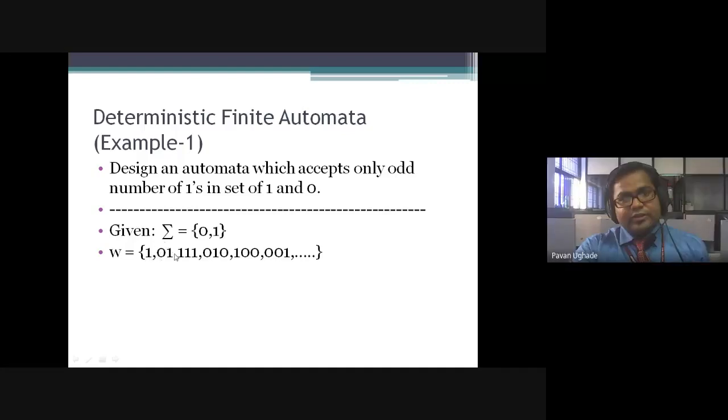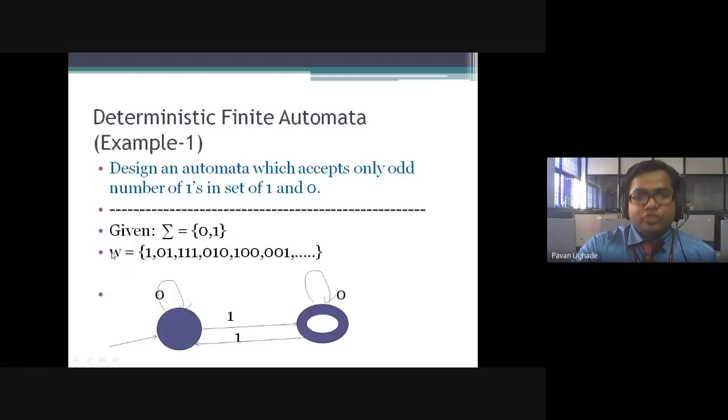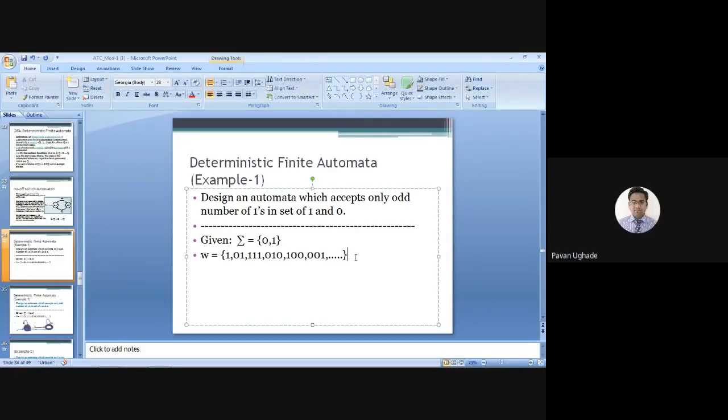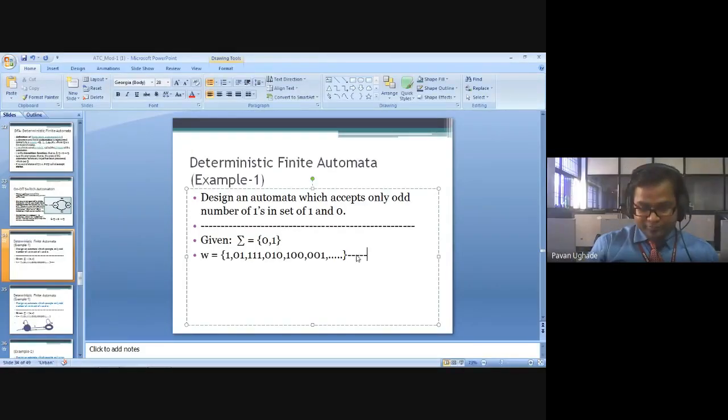Can I say 0 1? It is also possible. You should get the star closure. When I say about forming this, you should always think about the star closure.